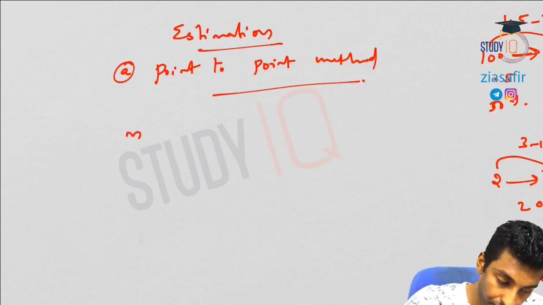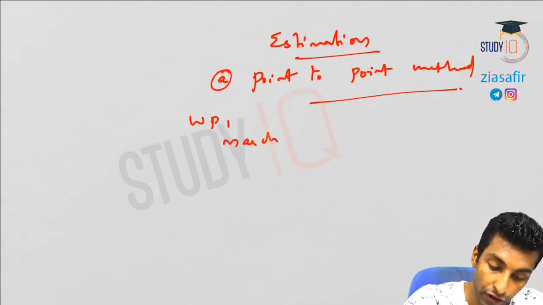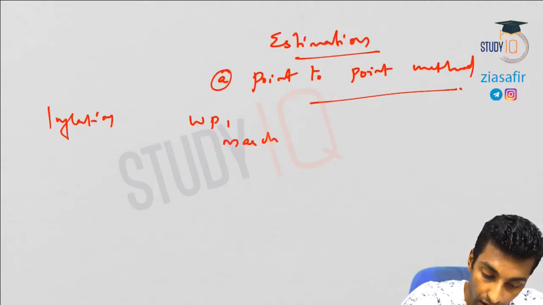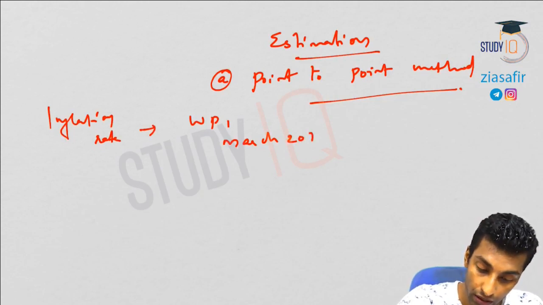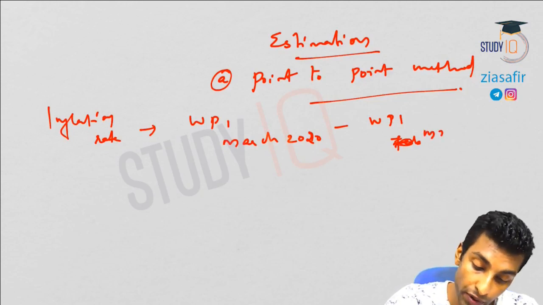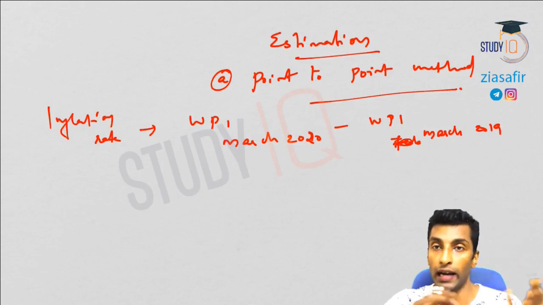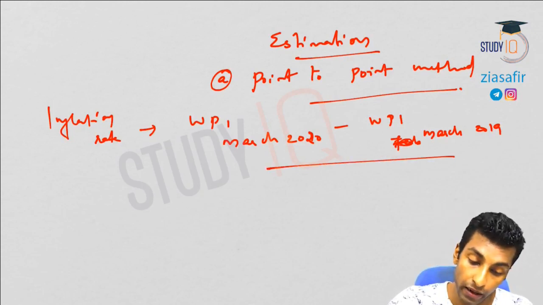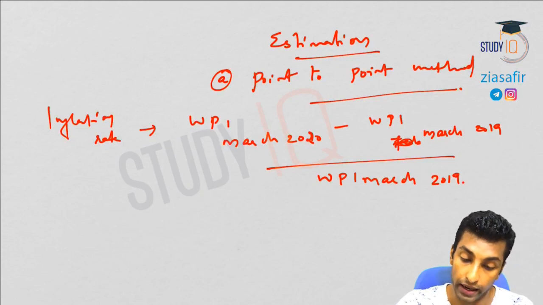So let's say, March WPI, inflation rate equal to WPI March 2020 minus WPI March 2019, so compared to last year, divided by the base, which will be last year's WPI March 2019.